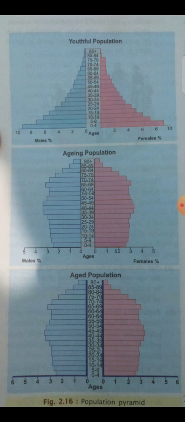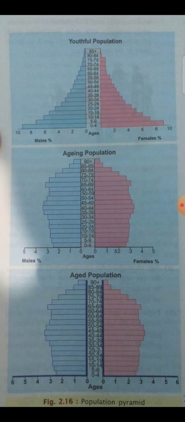So we are looking at the population pyramid regarding aged people or aging. It is going to decrease at the end, but it is also very slow in the beginning, and it increases at the age of 35 to 70, and then it starts a gradual decrease.